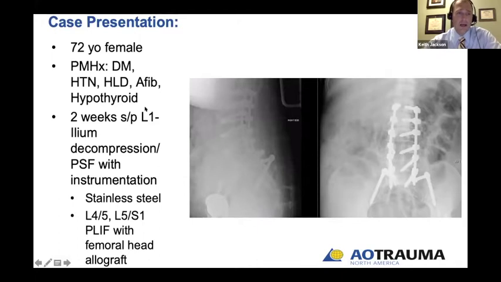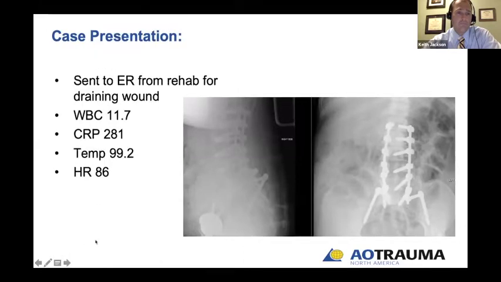She had a past medical history significant for hypertension, hyperlipidemia, atrial fibrillation, and hypothyroidism. She was discharged to a specialized nursing facility after a routine hospitalization.